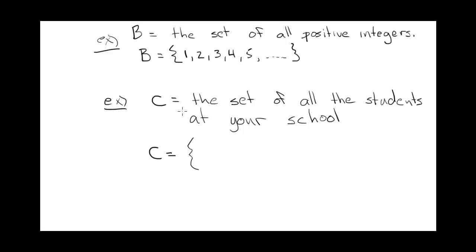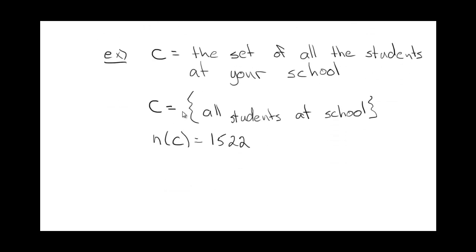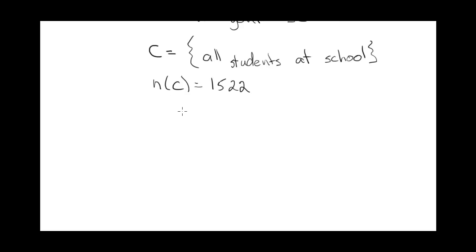So I'm just going to write, and this is kind of informal, a squiggly bracket and then just define the set: all students at school. And then just end it. So every student that fits this property would go in the set. Then n of C is the number of students at your school. I'm not sure exactly what it is, but let's say 1,522. So that means there's 1,522 students in this set.